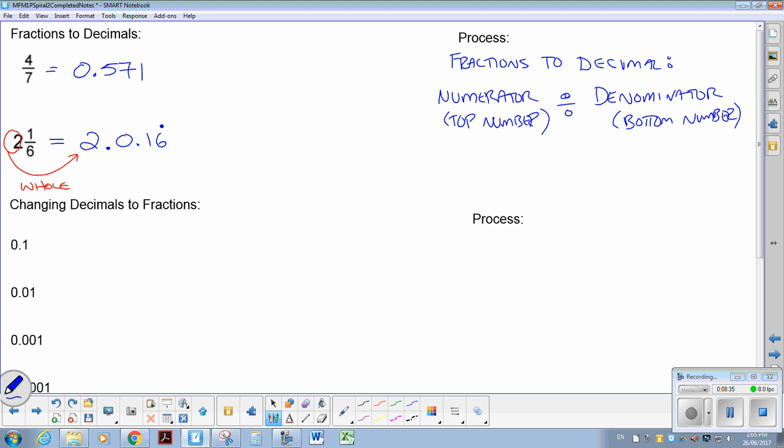The dot on top indicates repetition. I already have the decimal there, so it's just 1/6 repeated, 0.16 repeated, that comes from doing 1 divided by 6. Okay, so you do not have to include the whole number in your calculation.